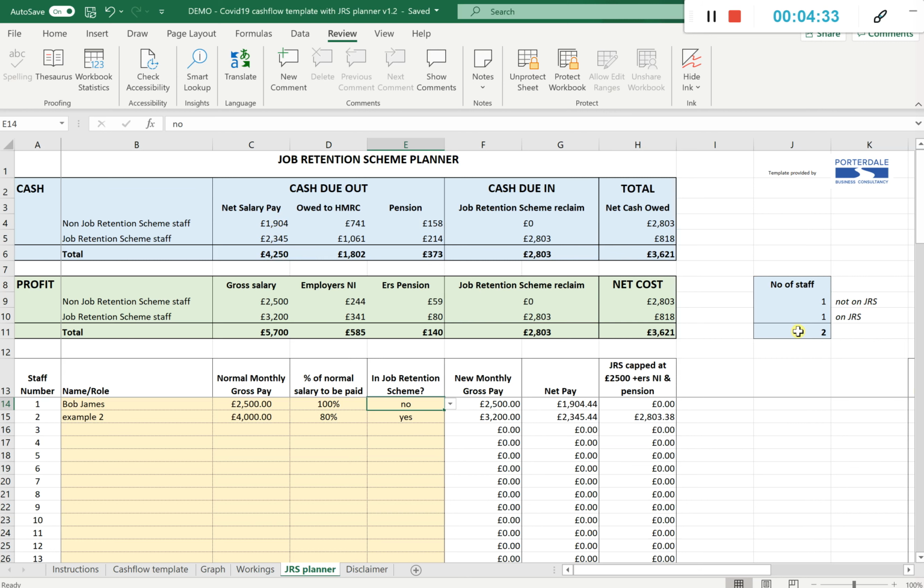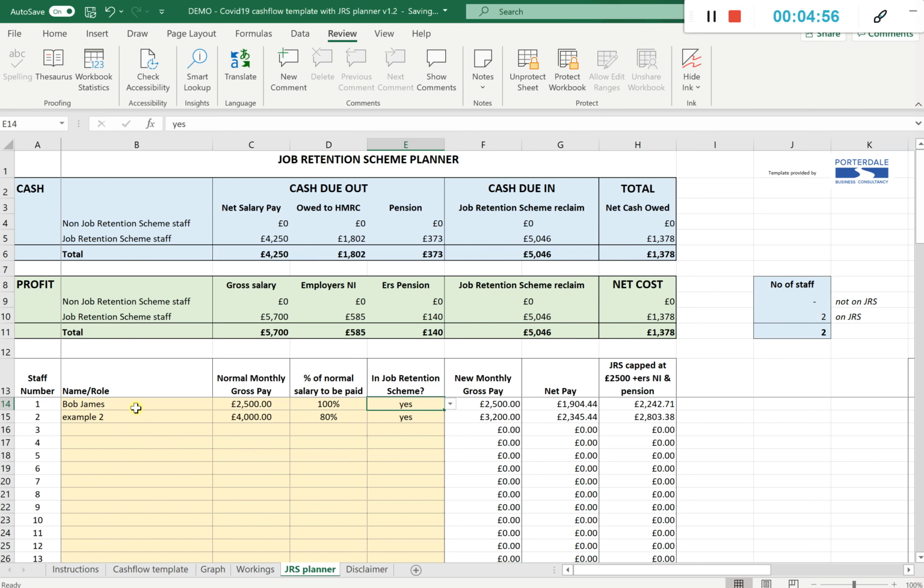And if we look here, there's still 2 staff. If we put him on the scheme, it indicates there's now 2 on the job retention scheme, and the amount due back under the scheme has increased.